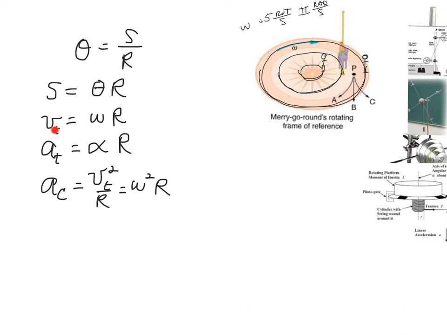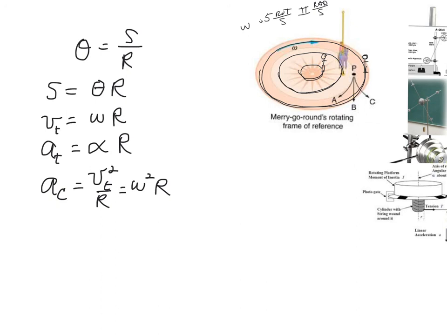And you'll see this written as VT. It means tangential. Because a person at this point is always, as someone moves in a circle, they're always moving tangent to the circle. So that T means tangential. The tangential velocity is the angular velocity times the radius. So once again, the person with the small radius has the smaller tangential velocity, and the person with the biggest radius has the biggest tangential velocity.